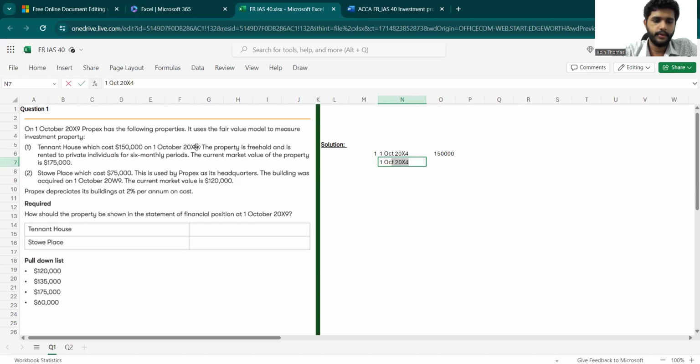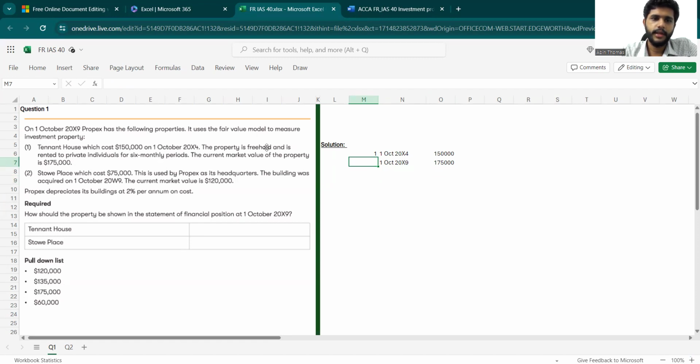That is, 1st October 20X9 will be 175,000. So in the pull down list, we have the answer. We don't have to depreciate it. As per fair value model, we don't have to depreciate it.